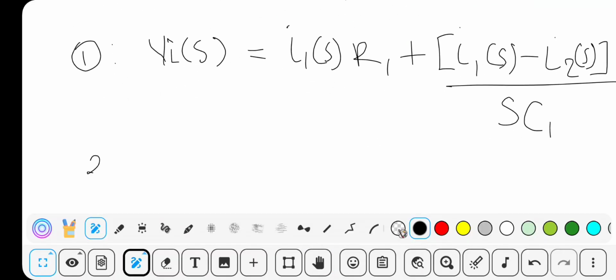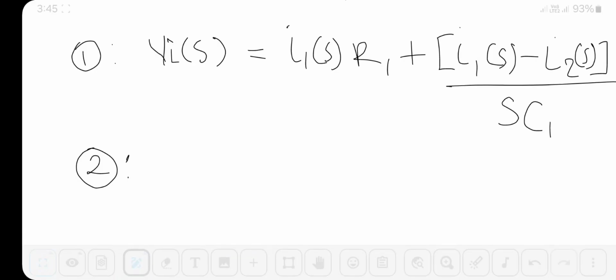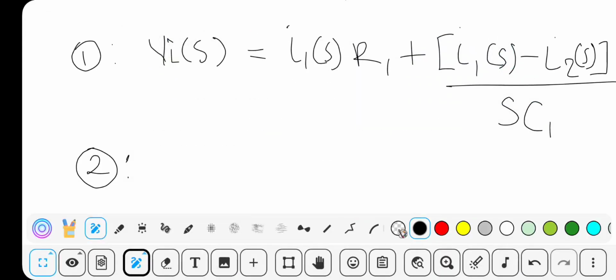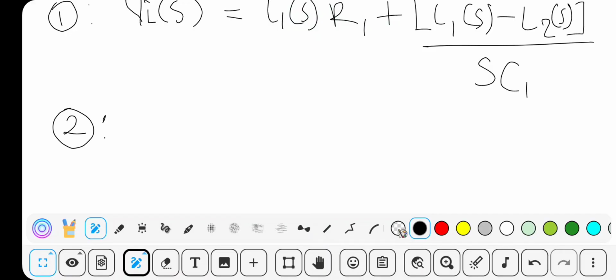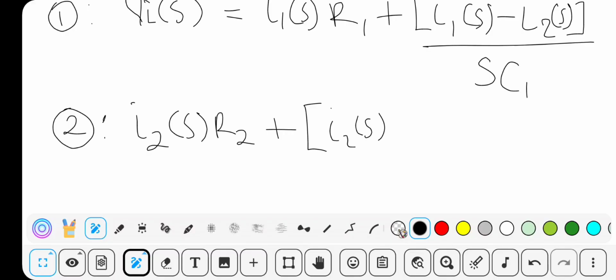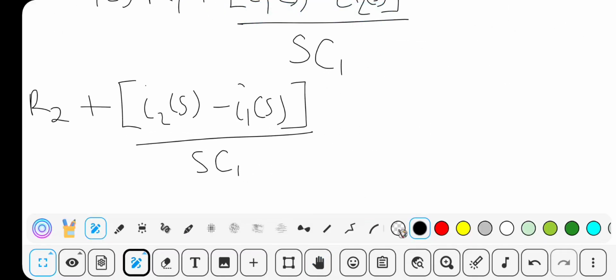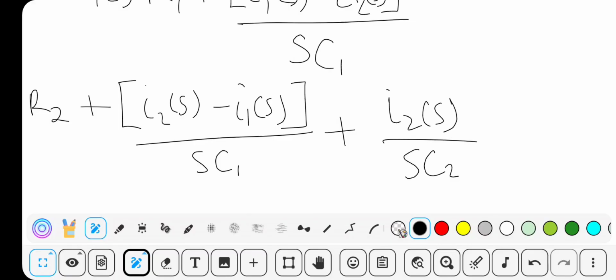For equation 2, taking the Laplace transform, you have I2 of S minus I1 of S over SC1 plus I2 of S over SC2 is equal to 0.